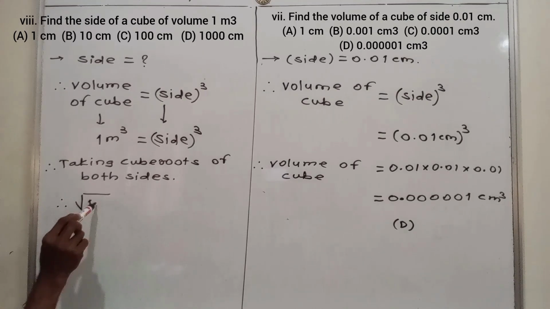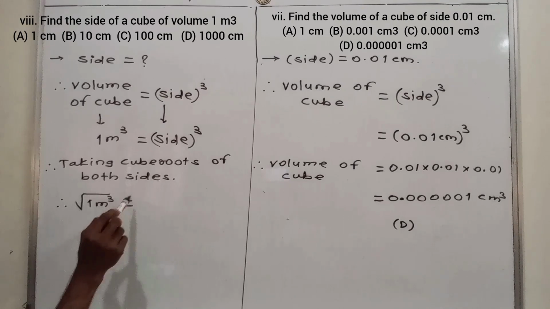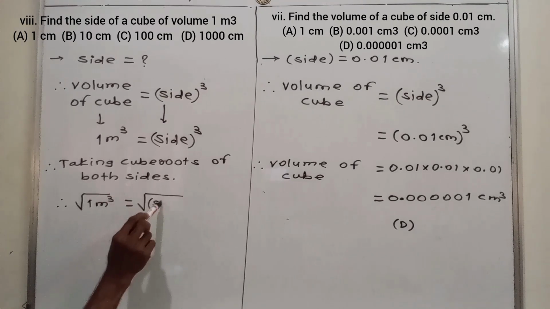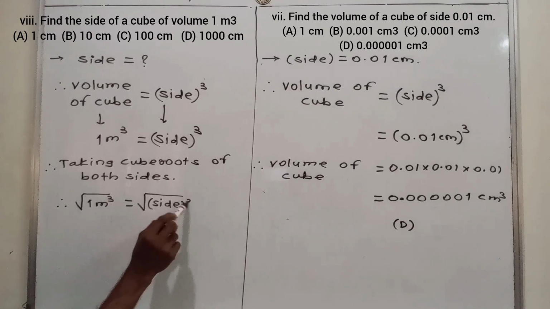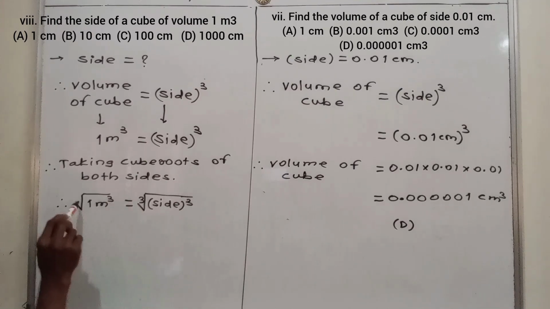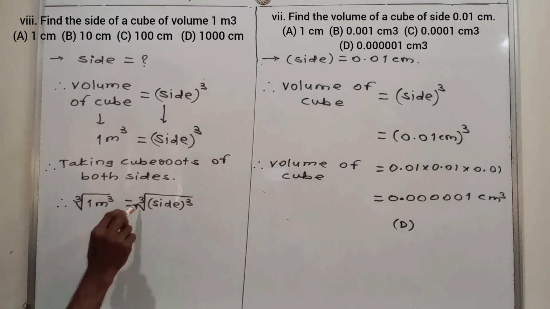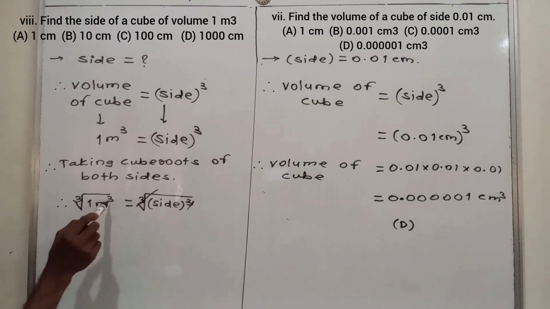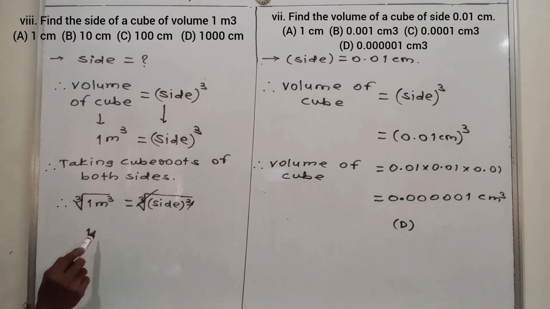cube root of 1 meter cube is equal to cube root of side cube. Cube root, so we write here. Now here cube root of 1 is 1 and meter cube, 3 cancelled.